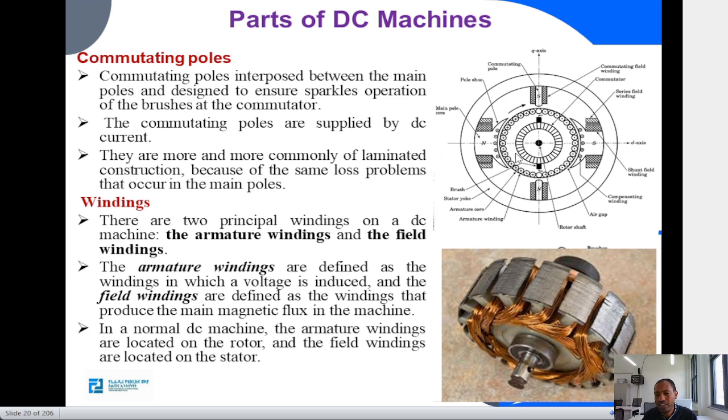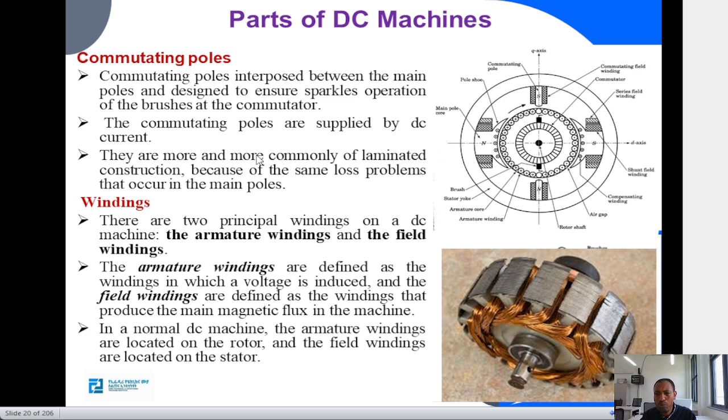One of the problems in a DC machine is armature reaction, and there are mechanisms to counter it. From those mechanisms, introducing a pole, what we call a commutating pole, is one mechanism.